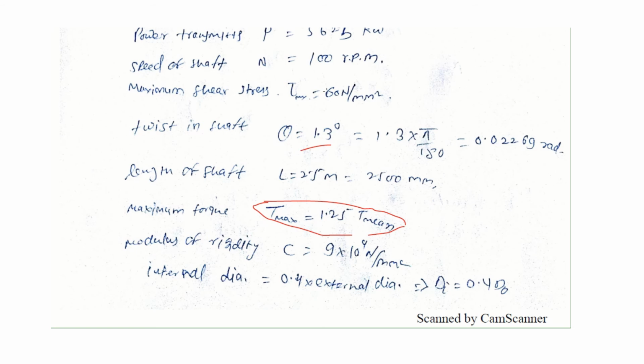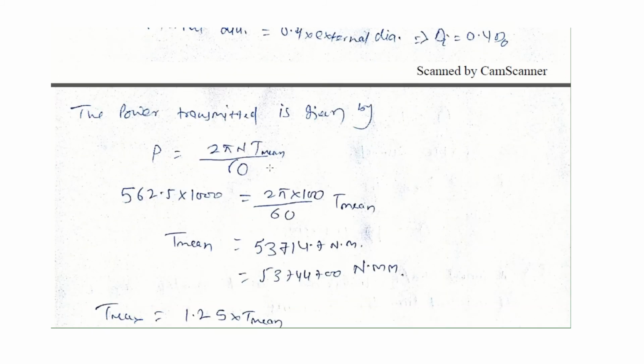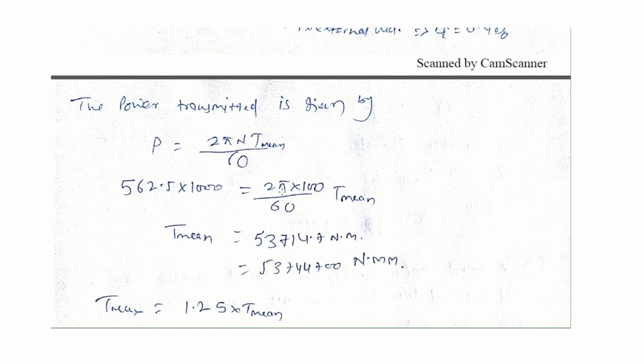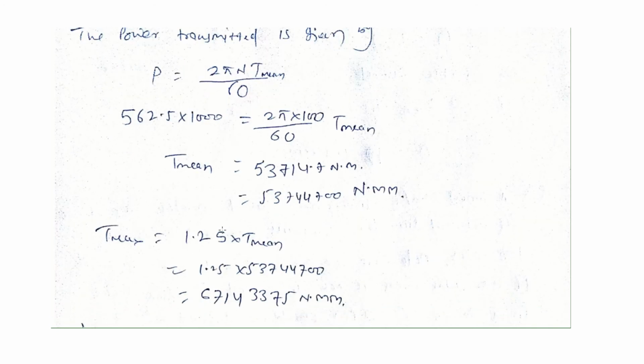So here we use the power equation, the power transmitted by shaft, P equals 2 pi N T by 60, where T is T mean. That means it will give T mean.